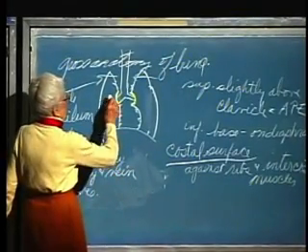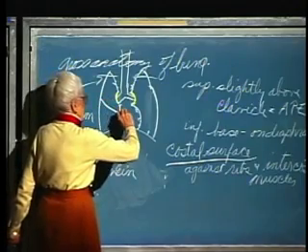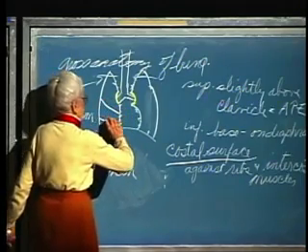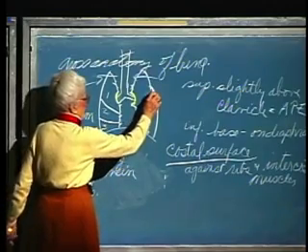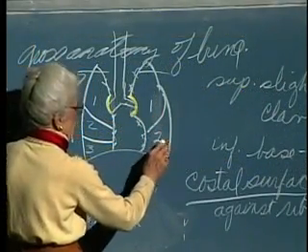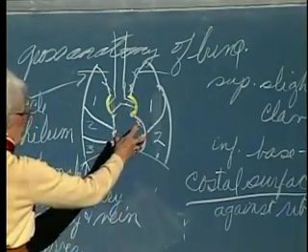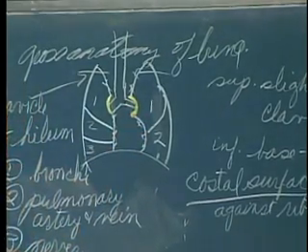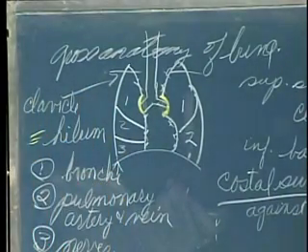The right lung has 3 lobes, roughly 1, 2, 3, and the left lung has 2. And we can see why, because the heart is taking up a good deal of space there on the medial surface.